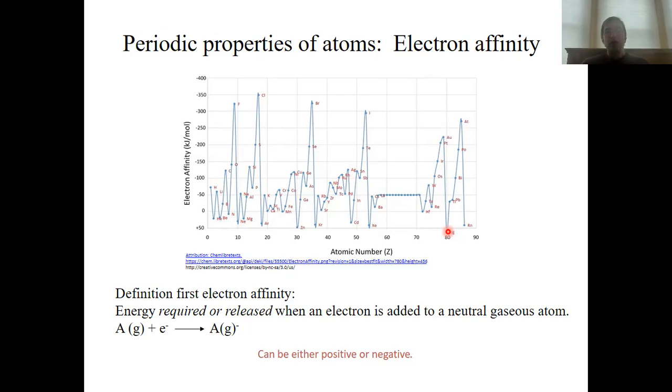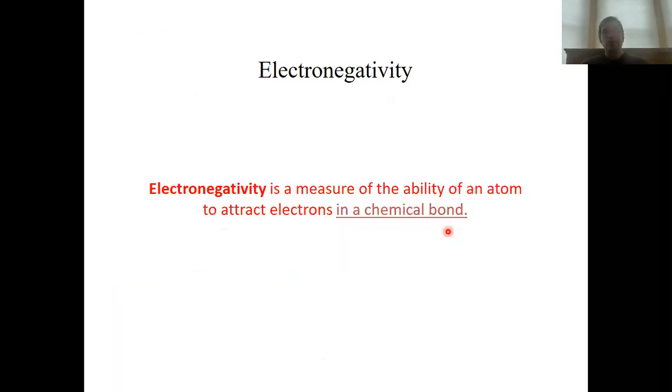Okay, so now let us move over from the electron affinity to a related concept, which is the electronegativity. So the electronegativity has a different name, but it is defined somewhat differently. The electronegativity is the measure of the ability of an atom to attract electrons in a chemical bond.